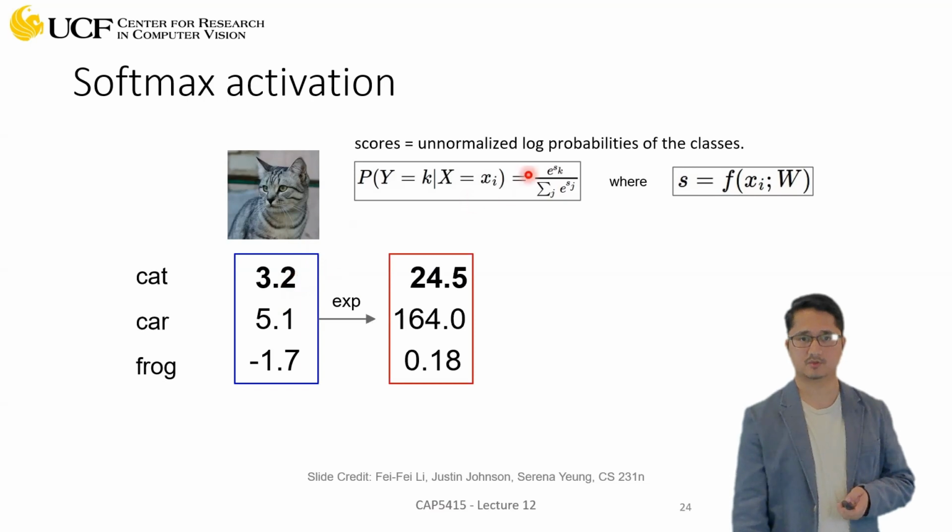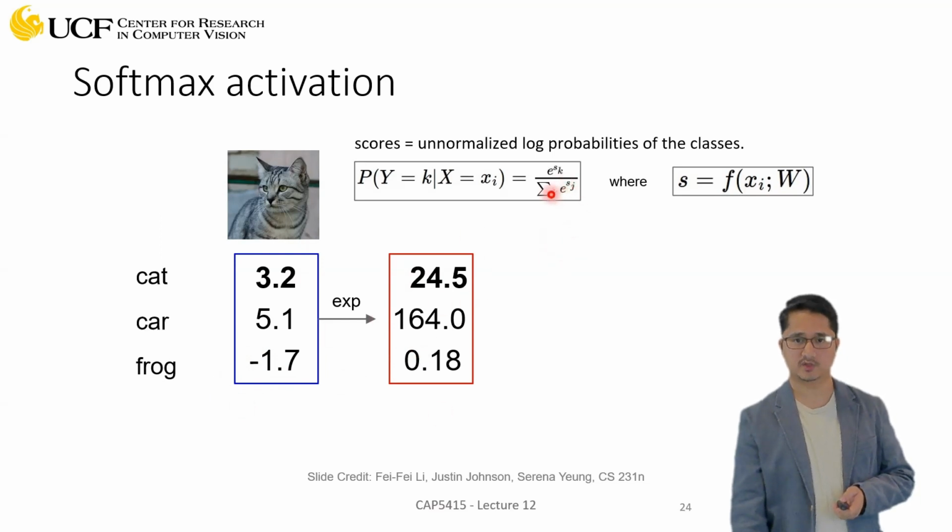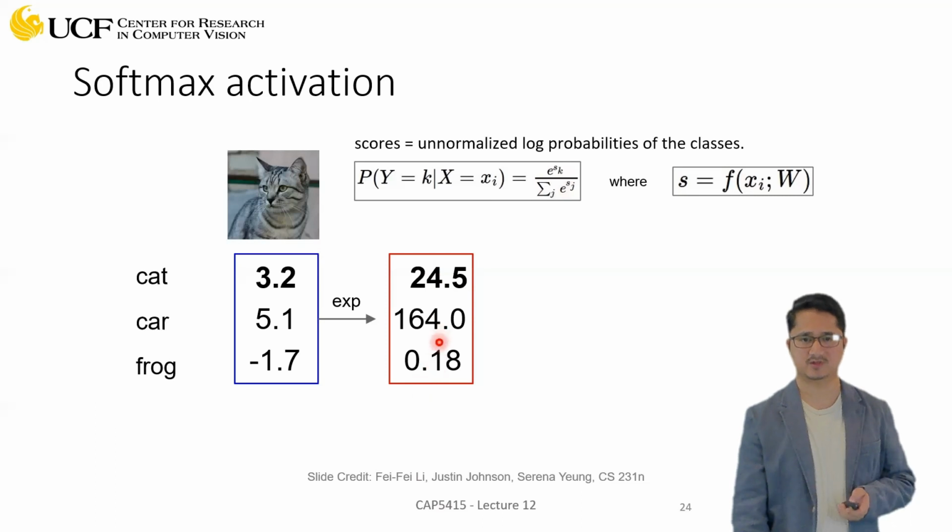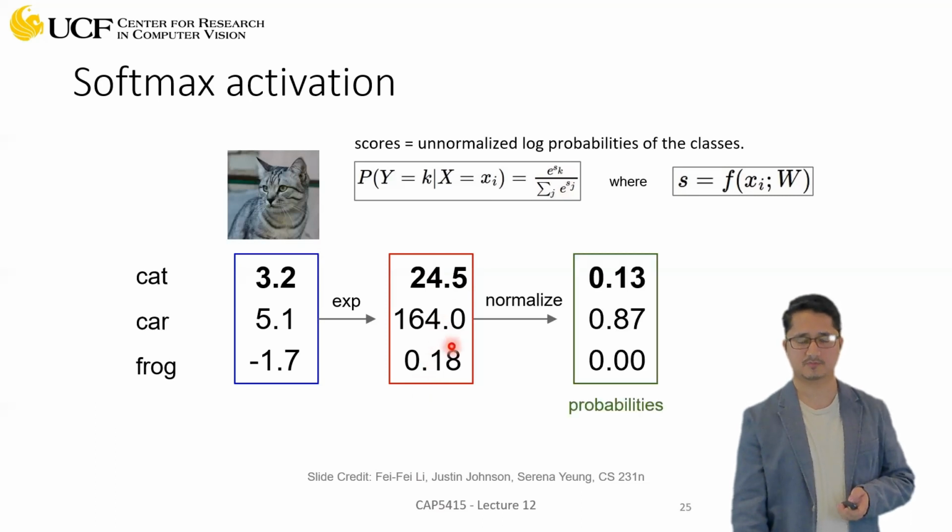The first step, you compute the exponent because we need that. So you just compute the exponent values. Second step is you need the summation of all of these for the denominator. So you can just add these values, which will give you something like maybe 190. And then, once you have that number, for each class, whatever exponent you have, you just divide by that number.